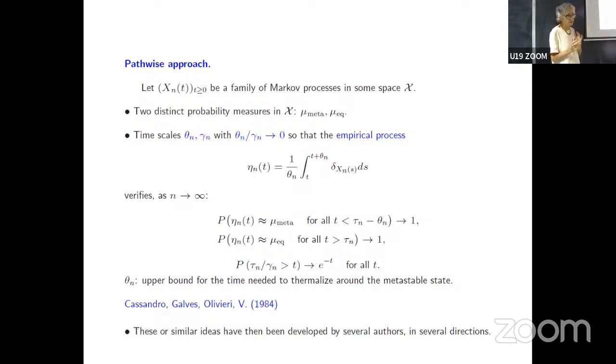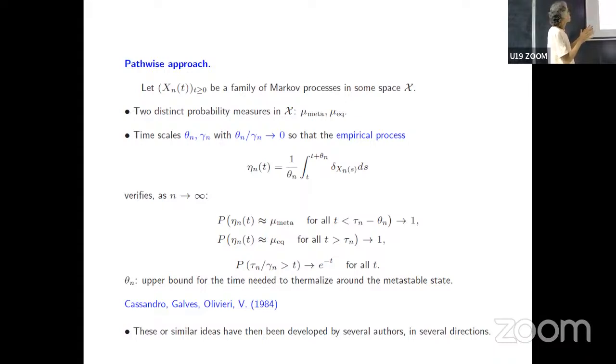In practice, it's not a limit, but that's for some value of this parameter sufficiently large or small, depending on the case. So instead of having one process, I have a family of processes. But you think of this X_n, n is a restriction of X to a certain subset or something like that. It will be clear on the examples.